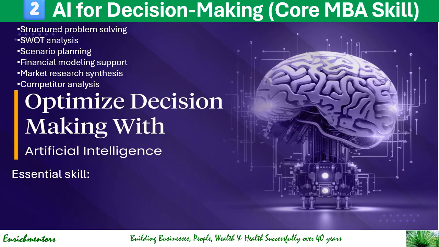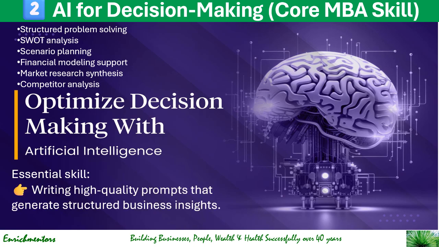The essential skill that you need to develop regarding AI is writing high quality prompts that generate structured business insights. So that's what you need to learn about AI for decision making.